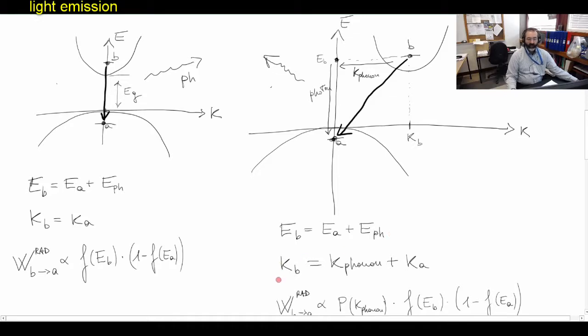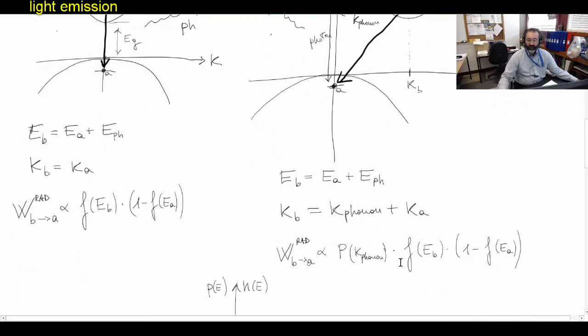And then the momentum before the transition, which is KB, must be equal to the momentum of the phonon plus KA.